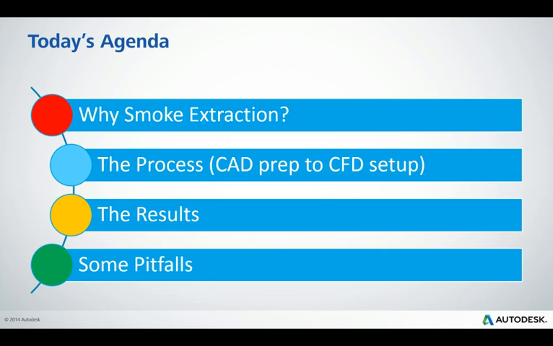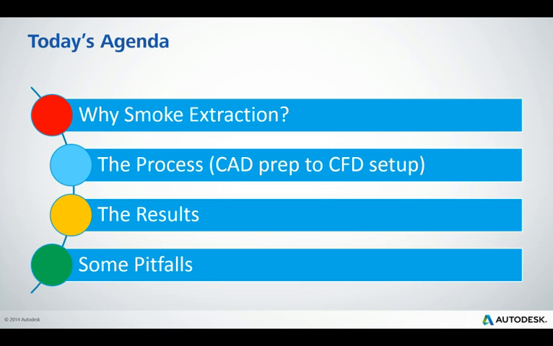A little bit more in a second about why. The rest of today's agenda is going to be really the process of running a smoke extraction model from CAD, so taking a car part model into CFD, running through the main setup points. I'm hopefully trying to capture everything that you need to do to run these models successfully.